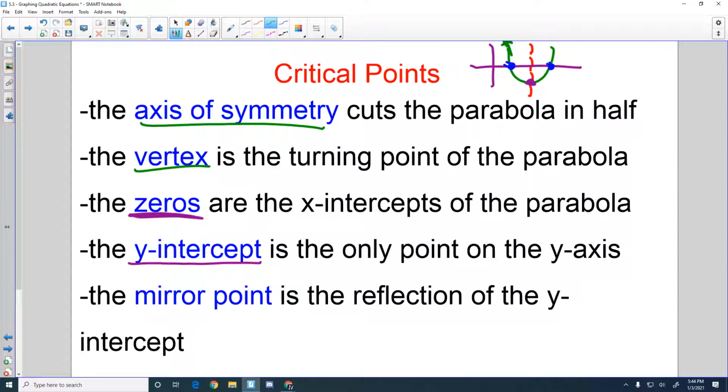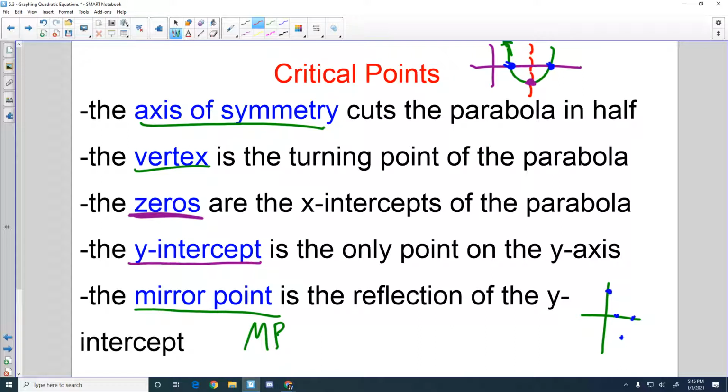And then the last thing we're calling a mirror point, or MP for mirror point. Basically, once I have a y-intercept, so for example, if here's my graph, and I know that there's a vertex here, there's an intercept there, and there, the x-intercepts, and then I've got a y-intercept right there.